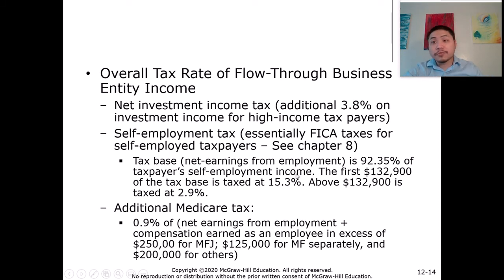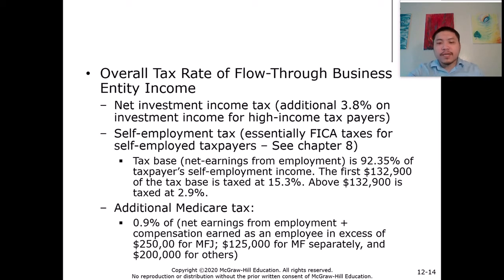I'm not going to go over that much more. If you forget about this, you can go back to chapter 8 and see how we calculate FICA tax for self-employed people. And remember, on top of that, there's an additional Medicare tax based on the level of modified AGI.